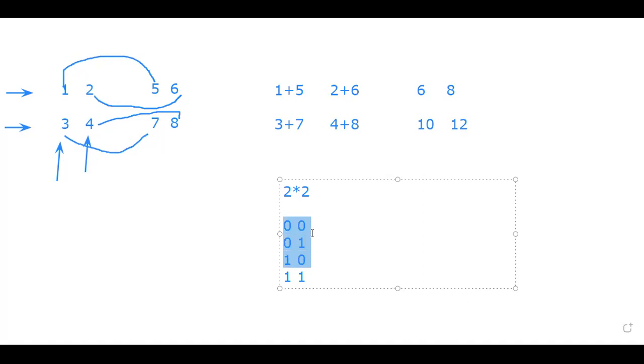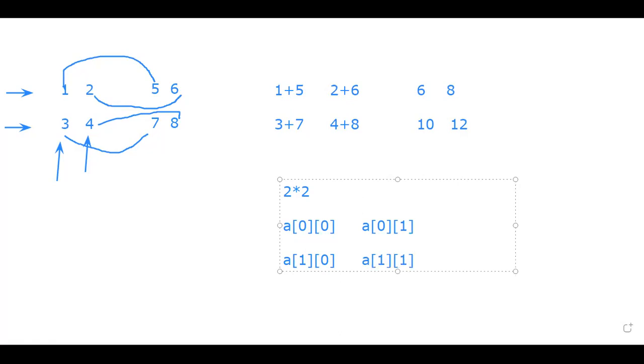So now I can simply say that we can represent it like this: A of 0, 0. This is A of 0, 1. This is A of 1, 0. A of 1, 1.